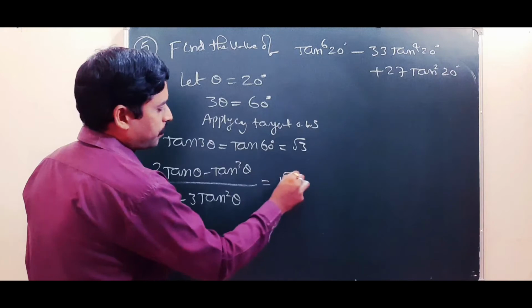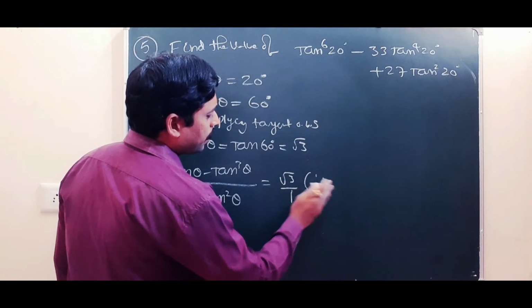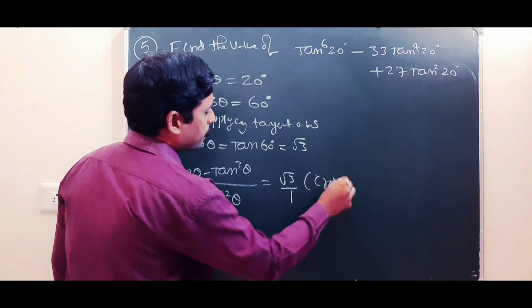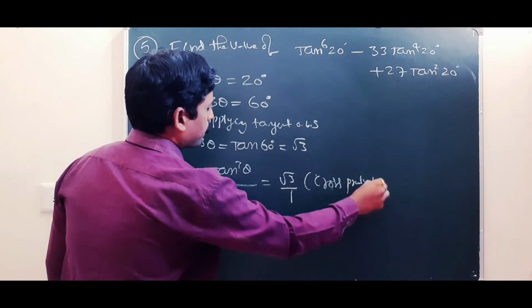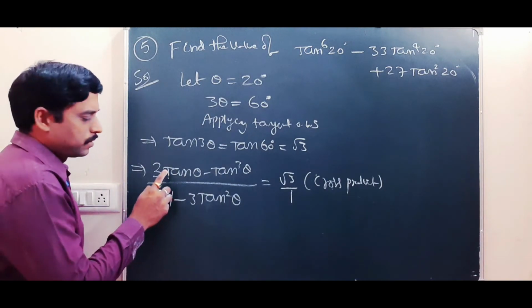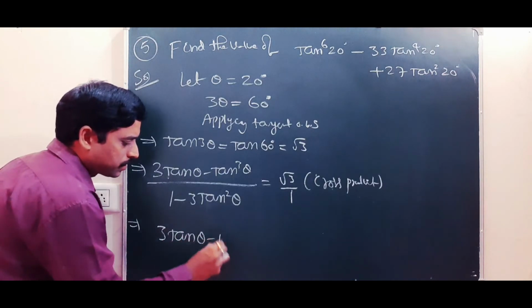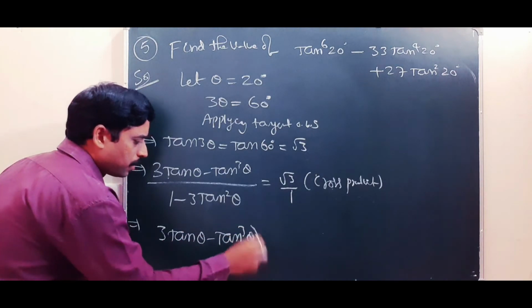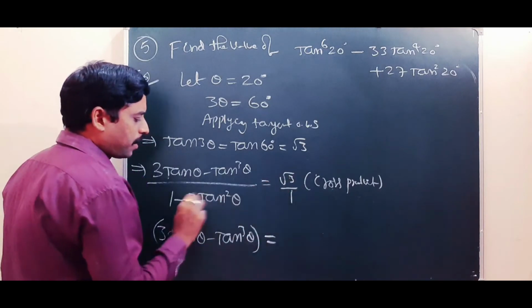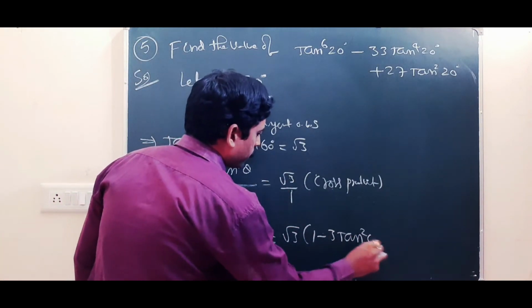It is going to be root 3 by 1. So let us do cross multiplication. So 3 tan theta minus tan cube theta is going to be root 3 times the denominator, root 3 into (1 minus 3 tan square theta).